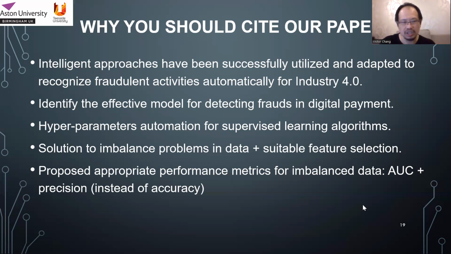So lastly, we propose the appropriate performance metrics for imbalanced data, such as AUC and precision instead of accuracy, because accuracy may not be the best representation when you have extremely imbalanced data, which is quite common in some of those challenging fields, and also in areas where the data set may not be always highly consistent.